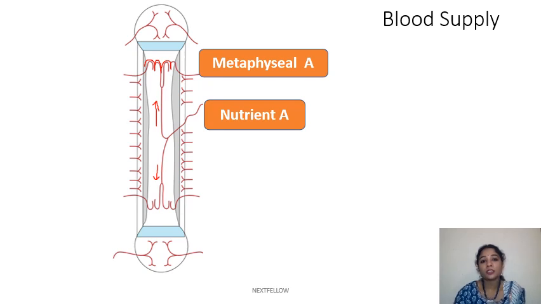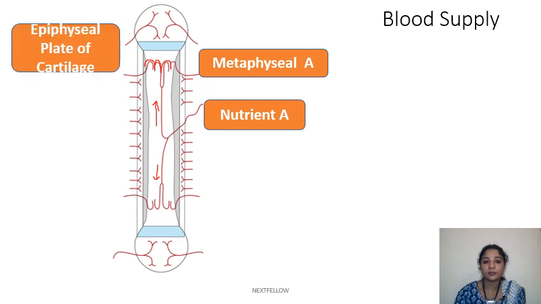The nutrient artery supplies the medullary cavity, the inner two-thirds of the cortex, and the metaphysis. The nutrient foramen is directed away from the growing end of the bone. To remember: towards the elbow I go and from the knee I flee. That is the direction of the nutrient artery.